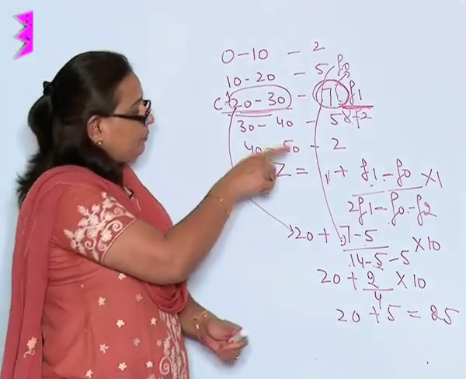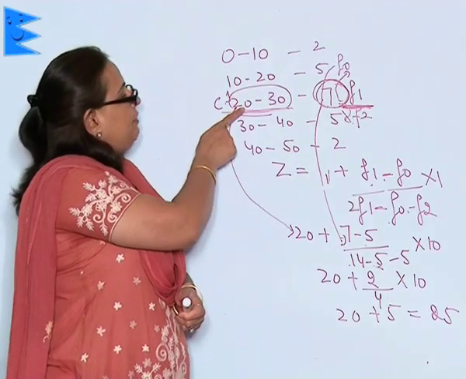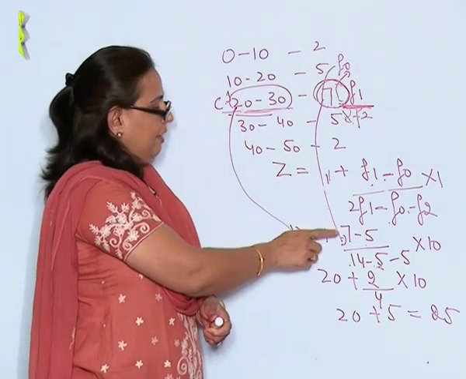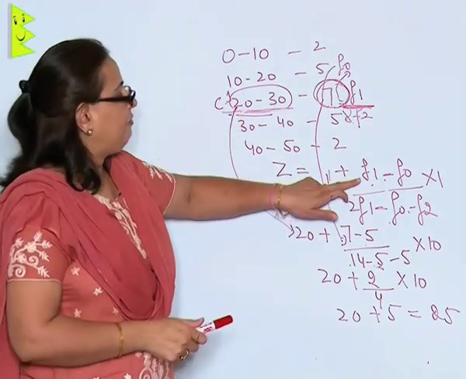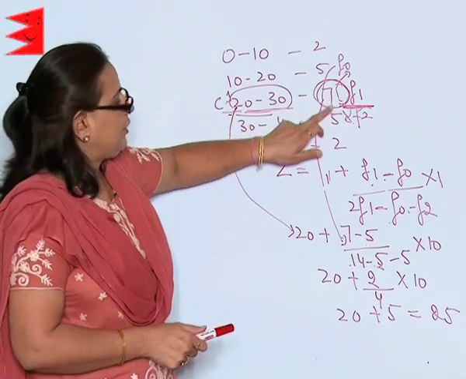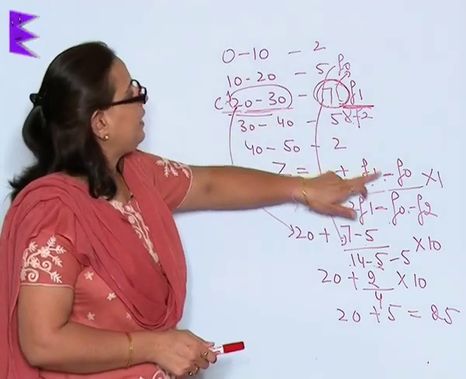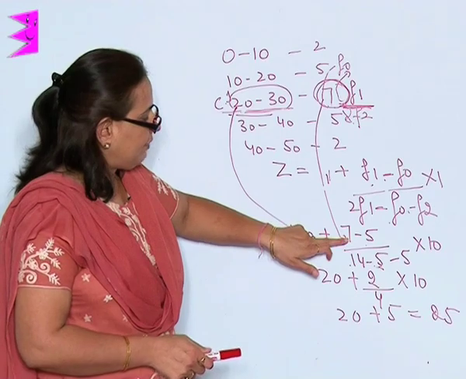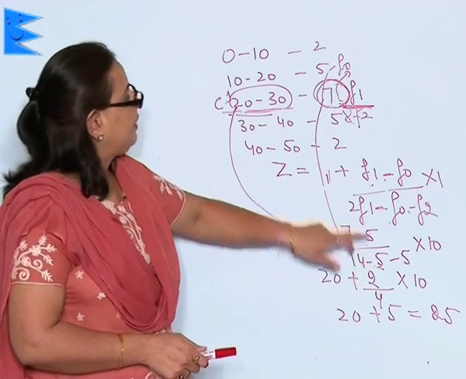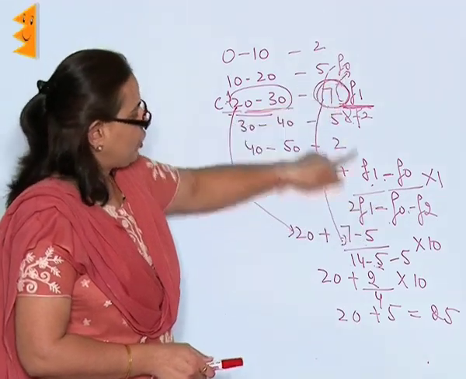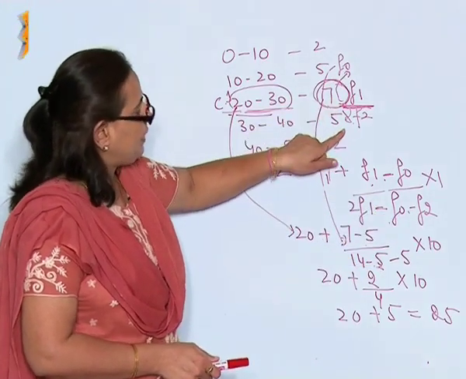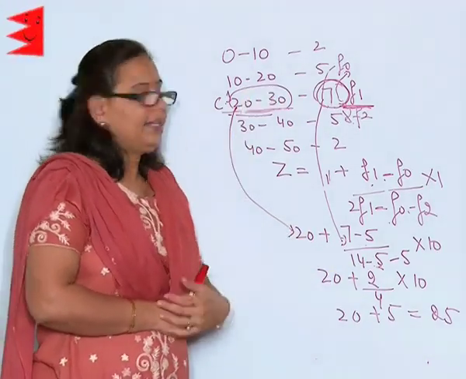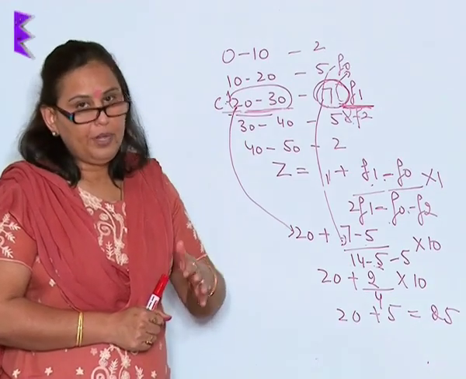Once again, the lower class limit that I have is 20, and the higher is 30. So the lower limit is 20, and f1 is this, in the same class interval, 7, minus f0, which is the previous one, and upon 2f1, which means 7 into 2 is 14, minus the f0 that I have, which is 5, minus f2, the next one, again 5, which gives me the formula which is required. This is the third and last method of finding out the mode, in the continuous series.